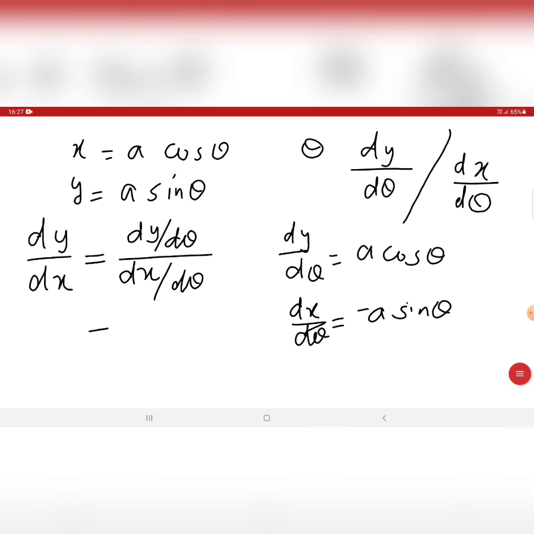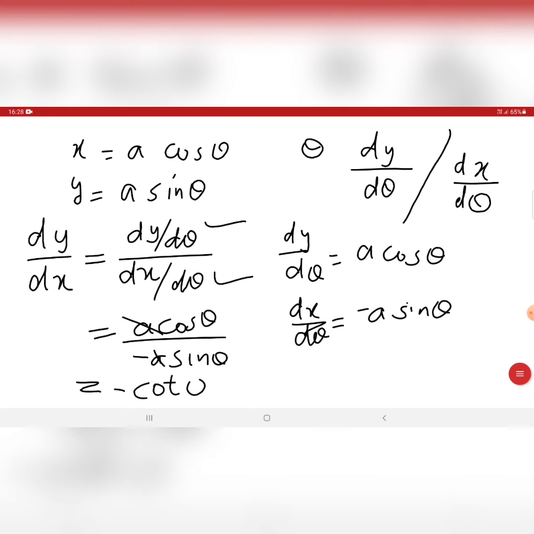Now replace dy by d theta and dx by d theta. So it becomes a cos theta by minus a sin theta. Cancel a, then we will get minus cot theta... so here we got the derivative in the parameter theta.